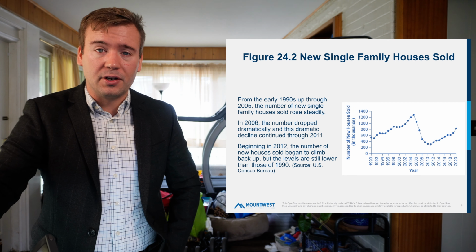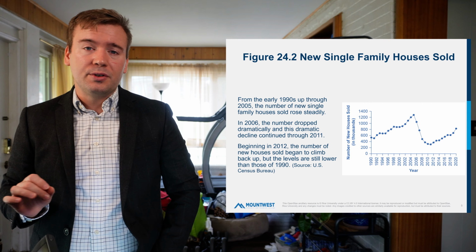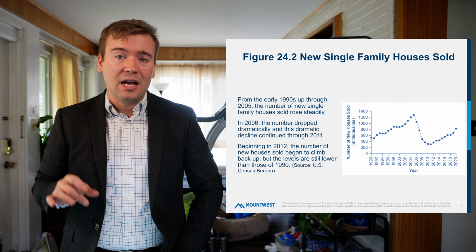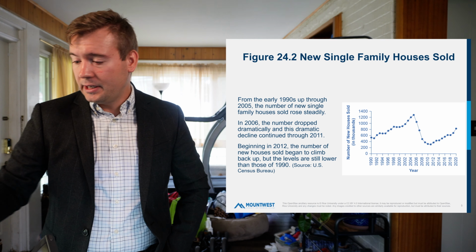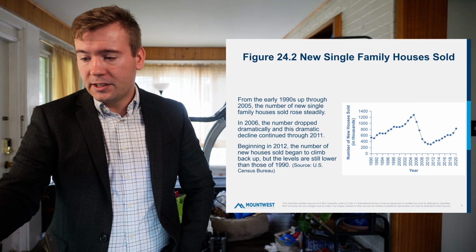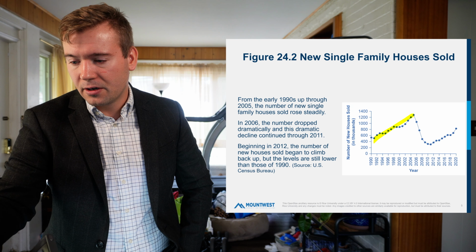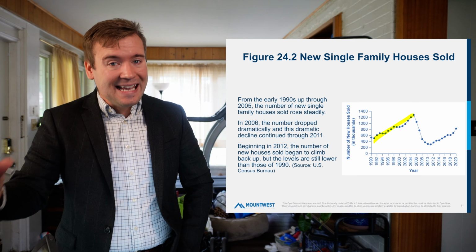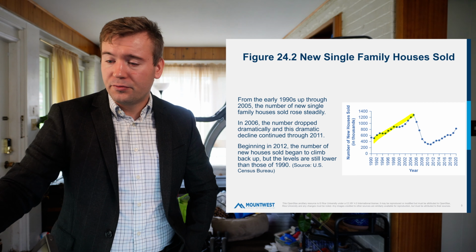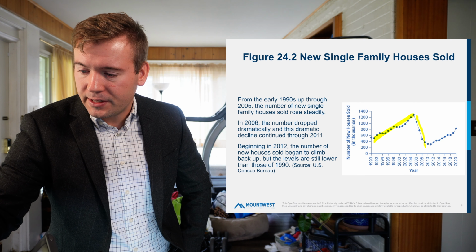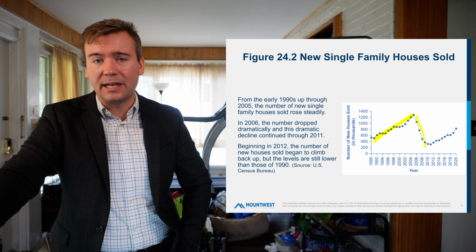As this graph illustrates, the number of new single-family houses sold consistently rose from the early 1990s up until its peak in 2005. I'll see if I can highlight that section here. There we go. Right. But then in 2006, the trend reversed sharply, and we start to see this very sharp downturn.